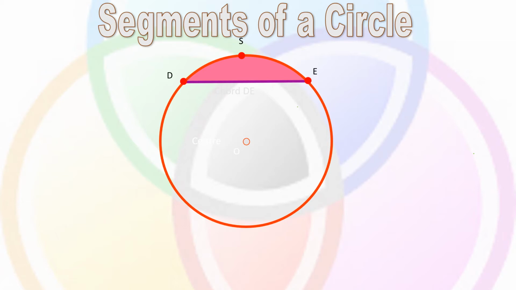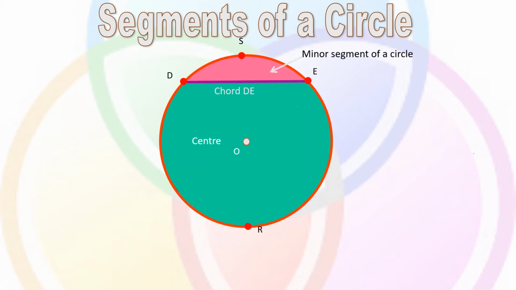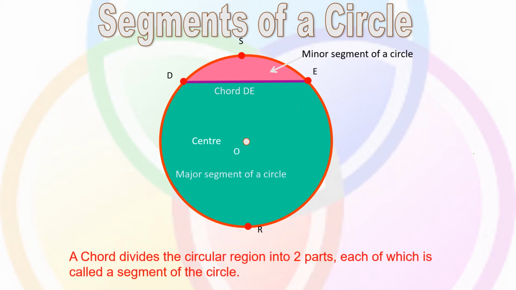This one is your minor segment, which is in pink shade, and the next one is your green part, which is including the center of the circle. This will be your major segment of the circle. And the chord is dividing the circular region into 2 parts, each of which is called a segment of the circle, one the minor one and one the major one.